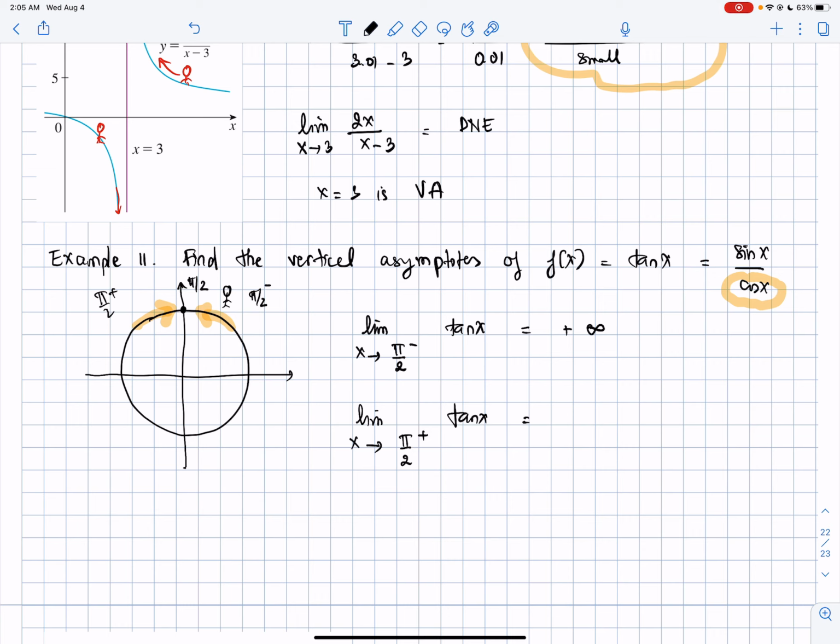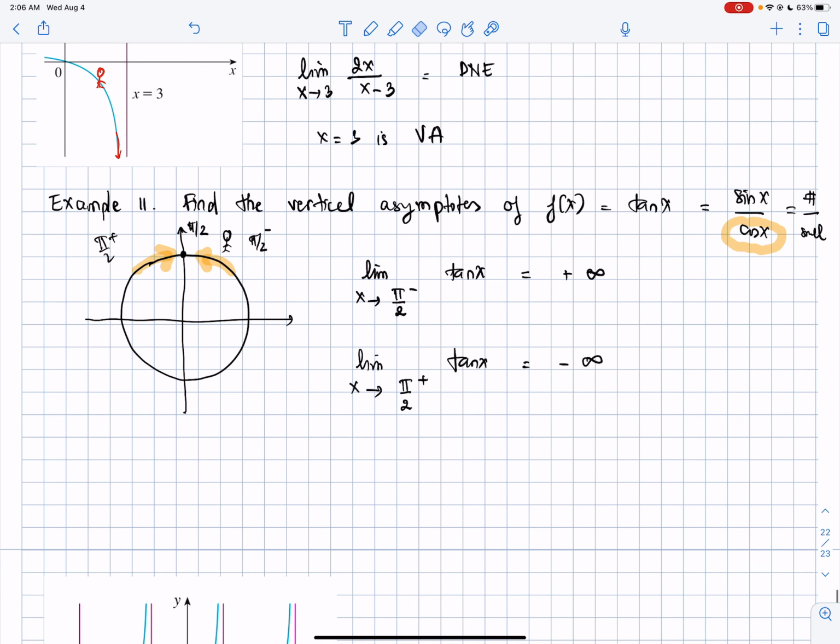The sine will be some number, and the cosine is really small because x approaches pi over 2. Cosine of a number close to pi over 2 is close to 0, and you can say it's really small. Cosine of pi over 2 is 0, but it's not equal to 0. We're just approaching 0, so you can say it's really small. The answer will be infinity. And because we are in quadrant number 2, the sine is positive, the cosine is negative, so the answer will be negative infinity.